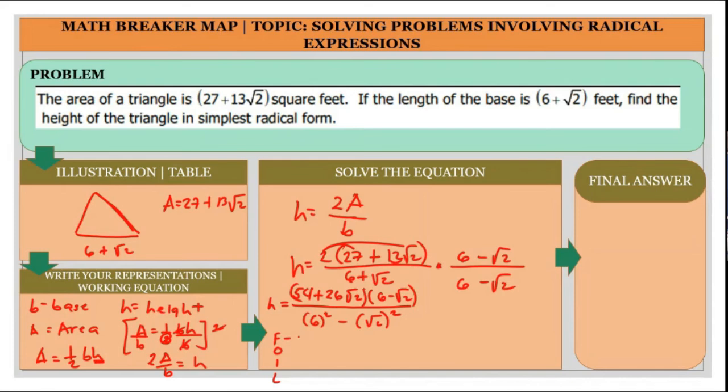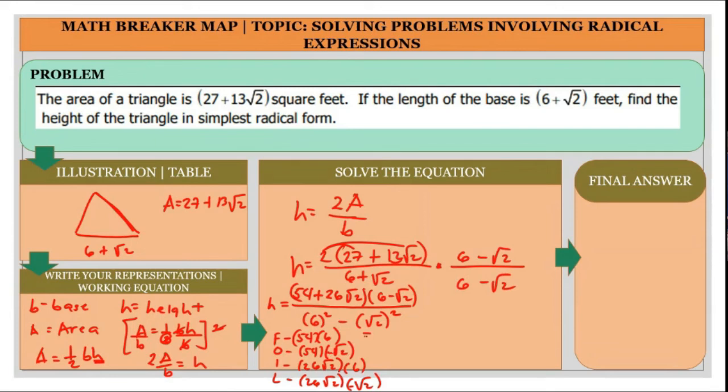F is the first terms, 54 times 6. The outer is 54 times negative square root of 2. Inner is 26 square root of 2 times 6. Last terms will be 26 square root of 2 times negative square root of 2, so this is negative.